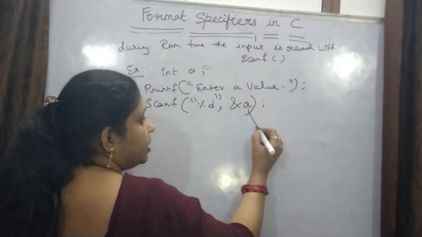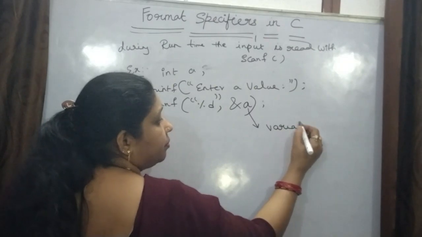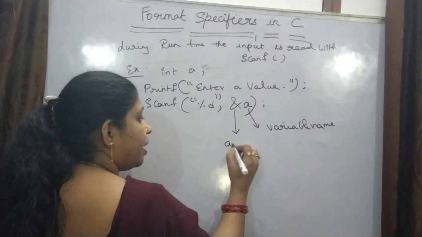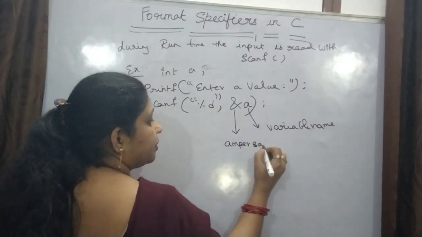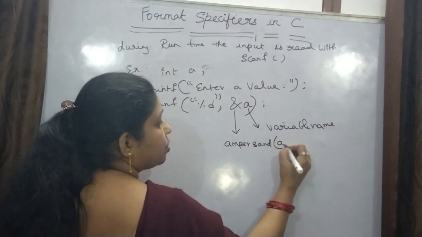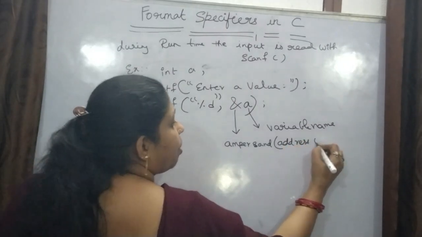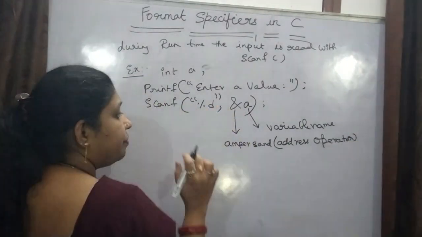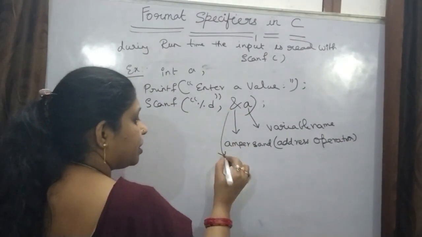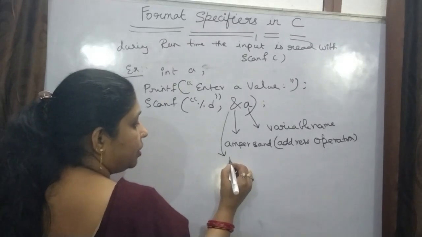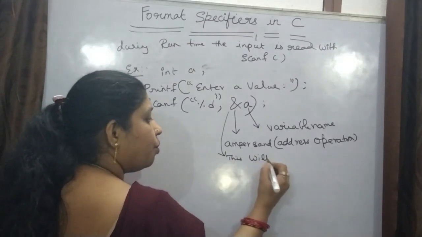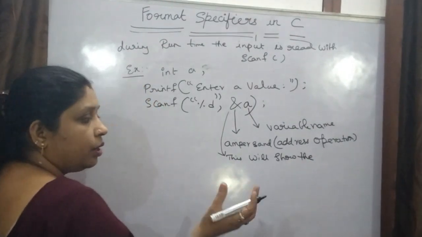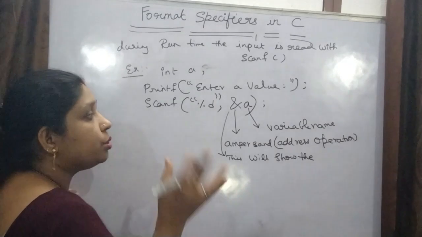Now this is the variable name, this is the ampersand, and this is also called the address operator. Now what is the use of this? This will show the compiler where to store the value.